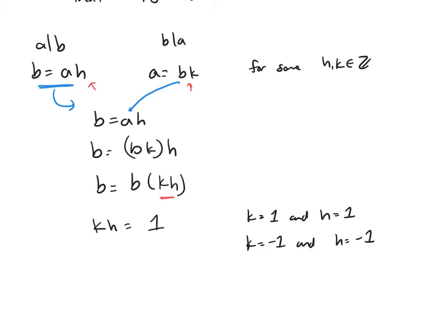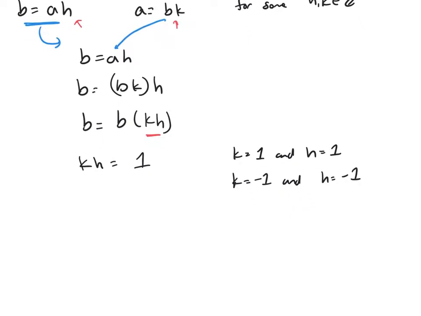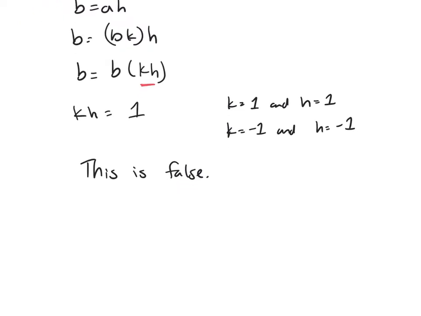They have opposite signs here. So there is a case where a and b are not equal, so I'm going to say that this is false. And we need to give a counterexample. So pick two integers that have opposite signs for your counterexample.